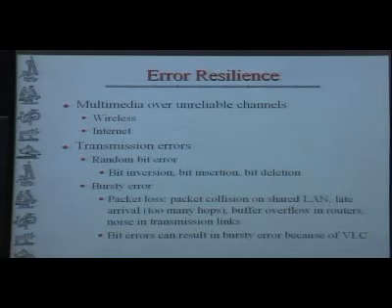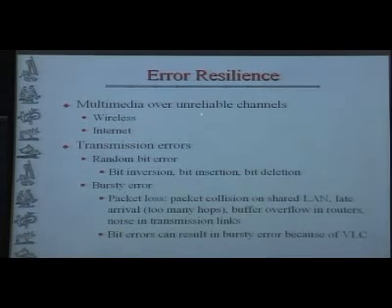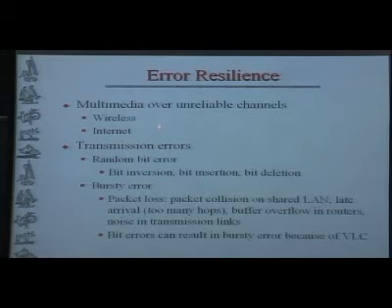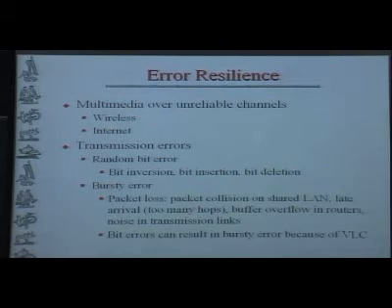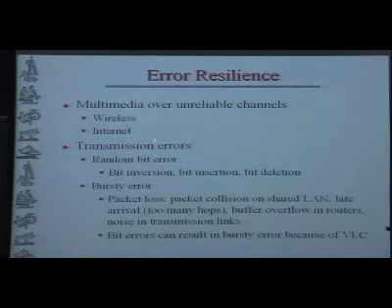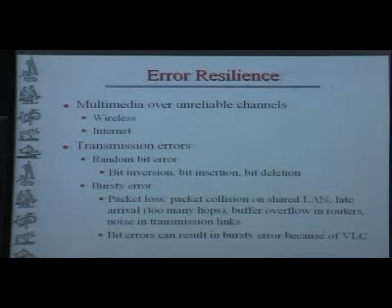So if you do multimedia over unreliable channels, for example wireless, it has a lot of problems. And even with the internet, it has quite a bit of problems, not as much as wireless, of course, but still. So these are the types of unreliable channels that we have to worry about. The transmission errors in communications typically come from two sources.